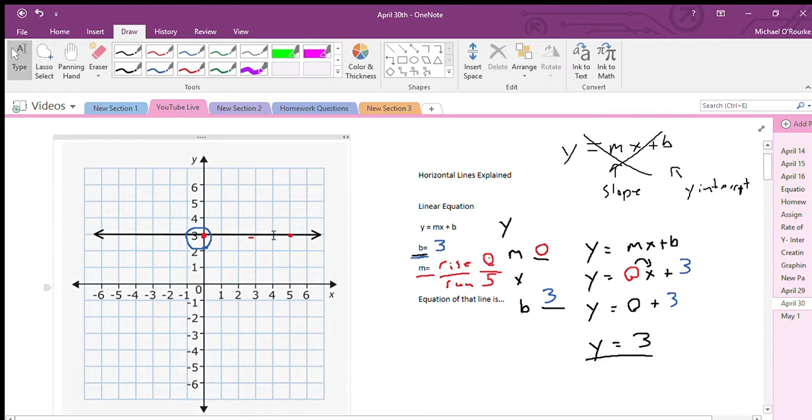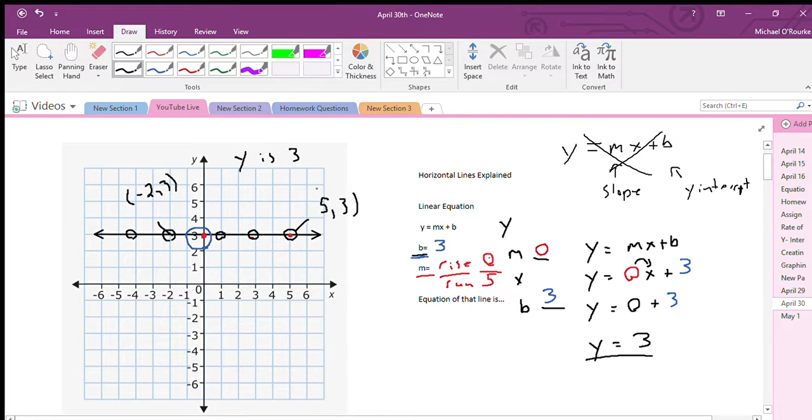Now the key here, how I remember it, is if you look at this line, everywhere on this line, this dot, this spot, anywhere where I go, okay, the y is 3. If I were to graph this spot here, that would be -2, 3. If I were to graph this spot here, it is 5, 3.